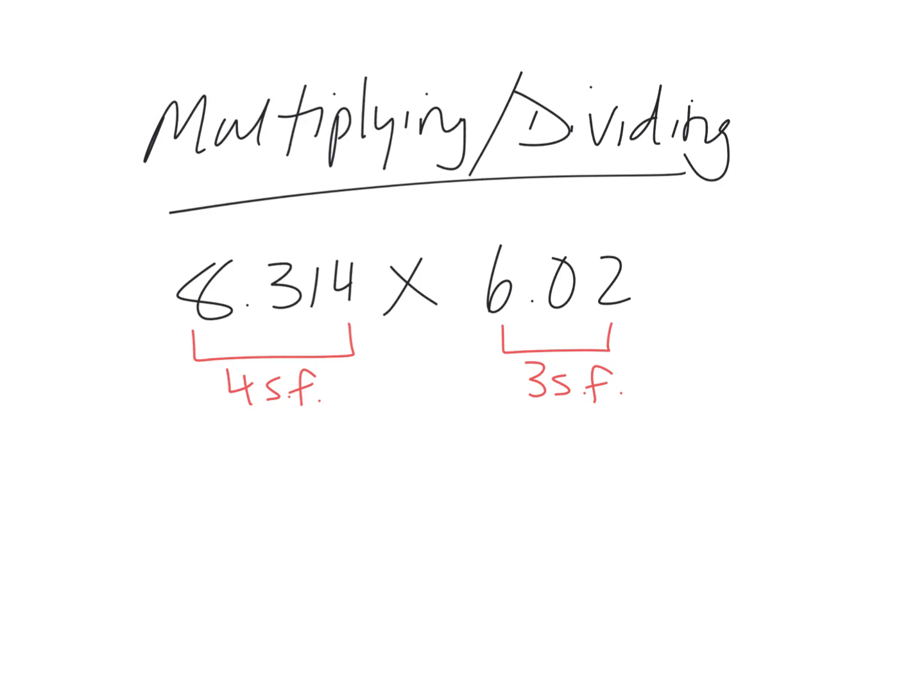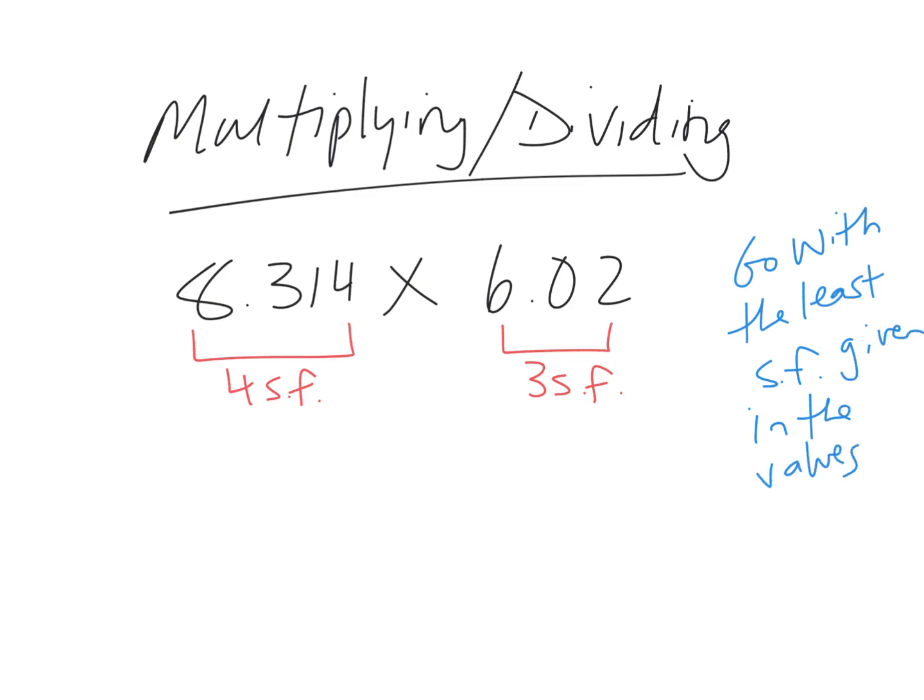But for multiplying and dividing, the rule is you just go with the fewest significant figures given in the values. So in other words, we've got a 4 and a 3. We want to present the final answer to 3.